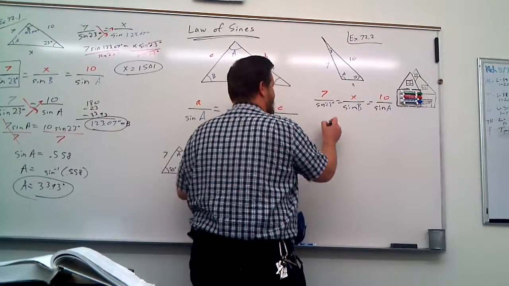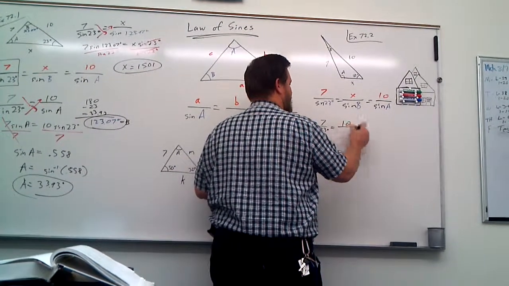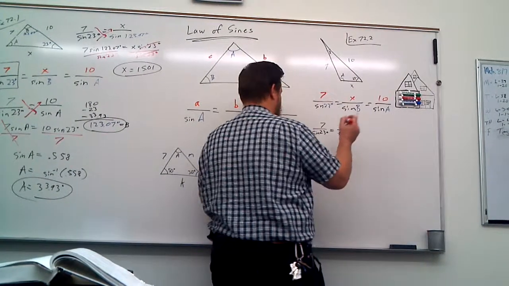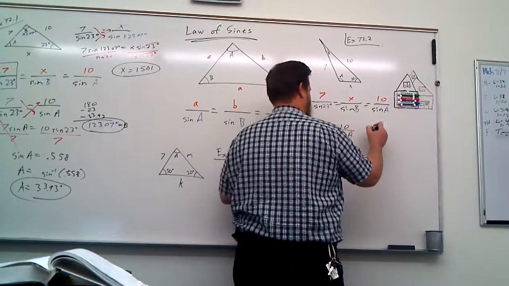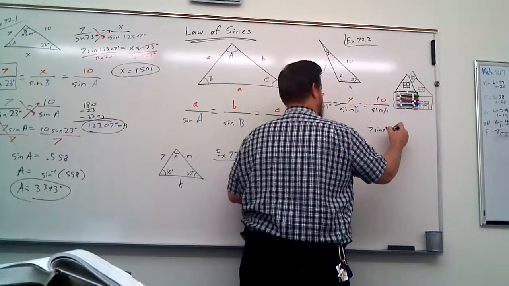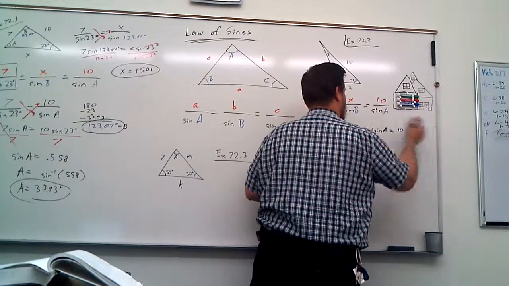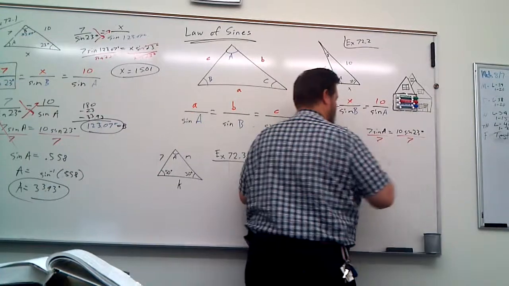So angle A, we've got 7 over sine 23 equals 10 over sine A. What do I do next? Cross multiply. So we've got 7 times the sine of A equals 10 times the sine of 23 degrees. This is not looking very promising, is it? We're going to end up in the exact same place, right?